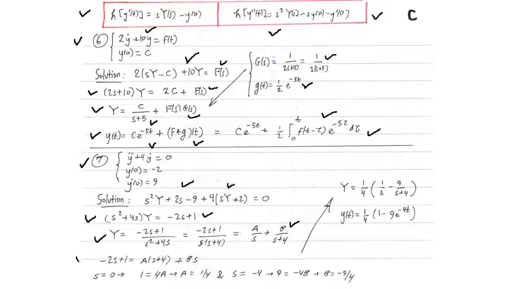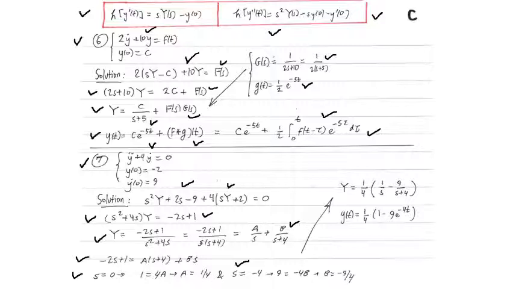So multiplying across, we get minus 2s plus 1 is as plus 4 plus bs. Plug in s equals 0 and we get 1 equals 4a, so a is 1/4. Plug in s equals negative 4 and we get 9 is minus 4b, so b is minus 9/4.